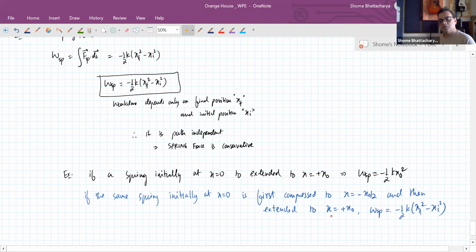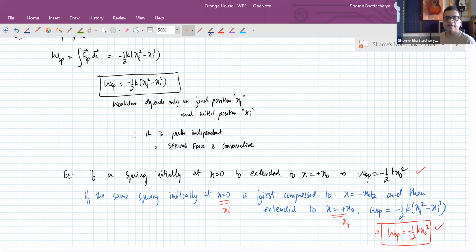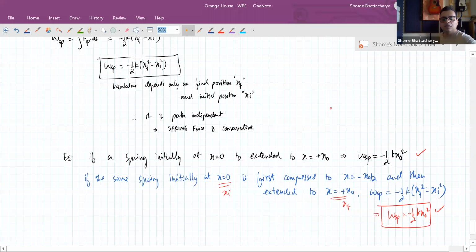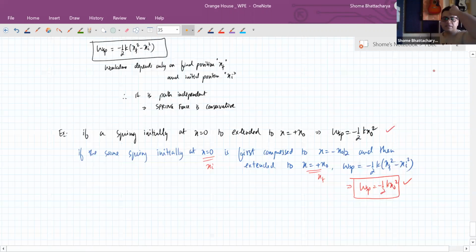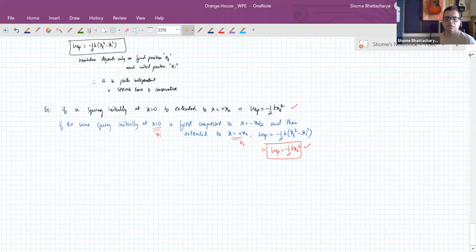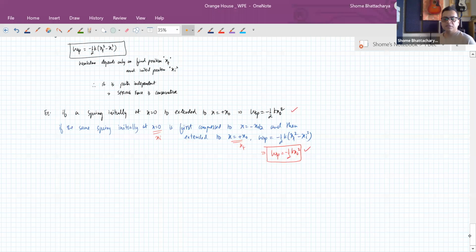So this will still be the final position, and this will still be the initial position. So this will be the same as this, even though the path is different. In one case, we are directly taking the spring from natural length to an extension. In the other case, we are first compressing it and then taking it to the extension. But in both cases, the work done by the spring is the same.